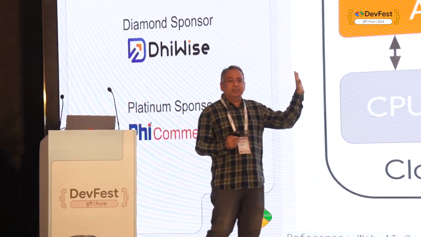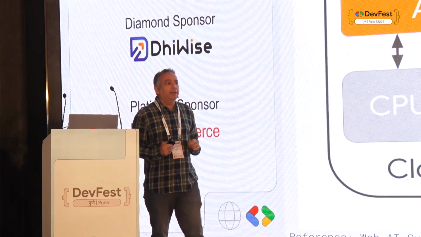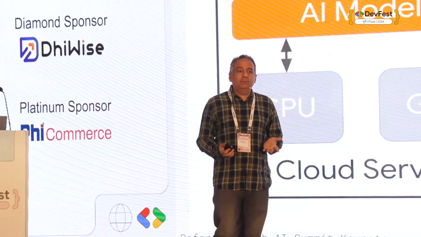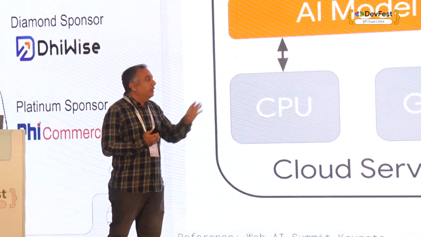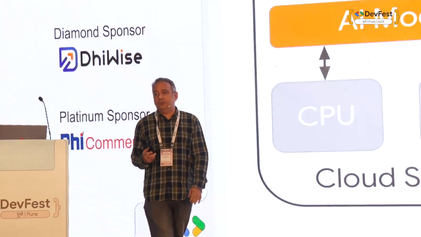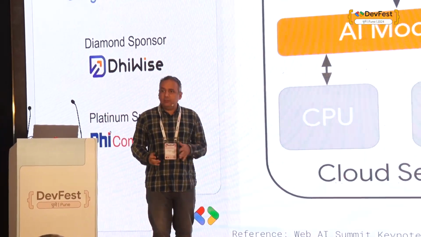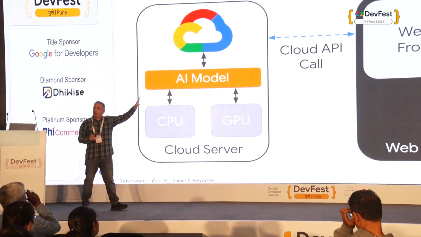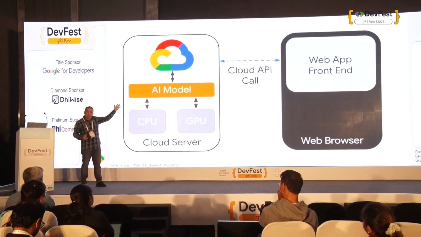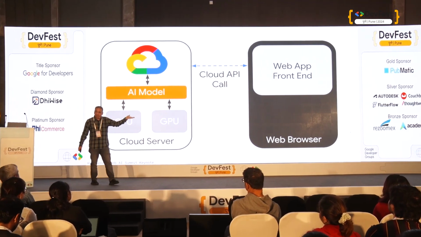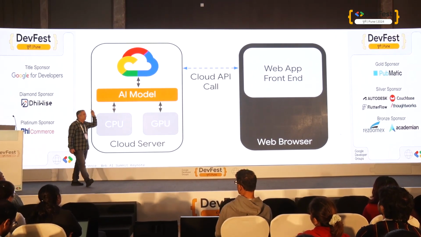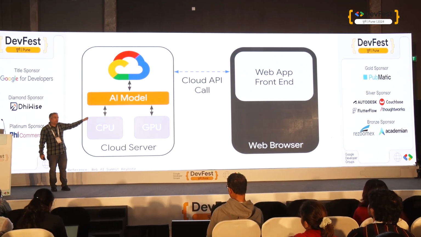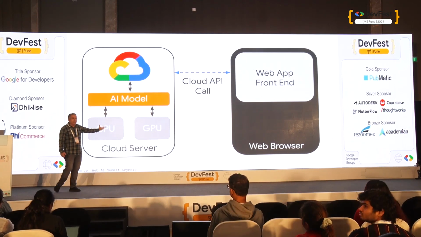Now, just take a look at this picture for a moment, right? Earlier I was asking whether you have invoked or worked with an LLM. Focus first on the right-hand side, which is our browser. We've got some kind of an application running inside of that. And what you find is a call that's going over the net. You've got some AI model in the cloud. It could be any of those Gemini ones or even other third-party models, obviously running on a highly performant infrastructure that's needed to not just train, but eventually even host and infer out of it.